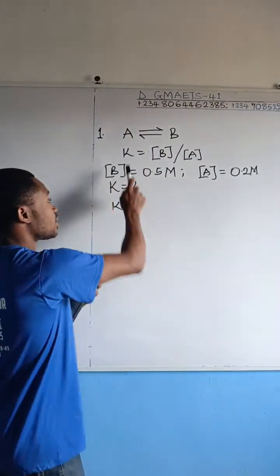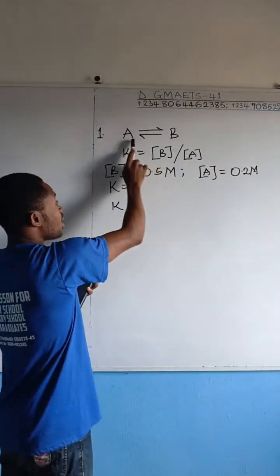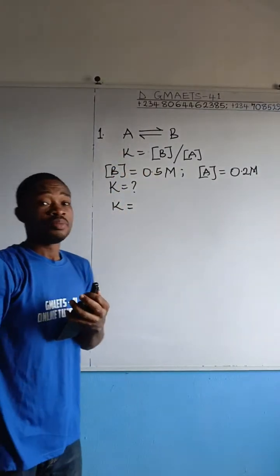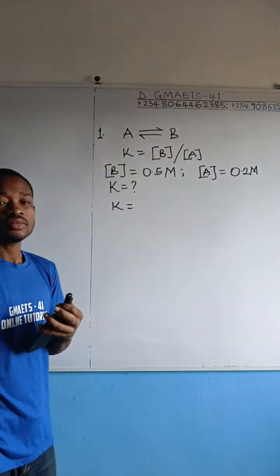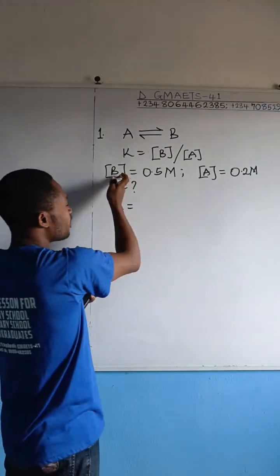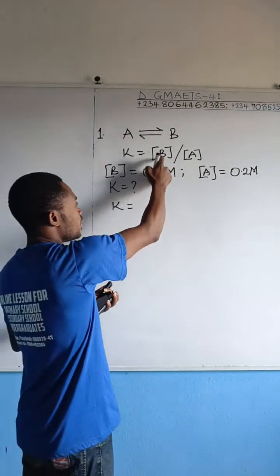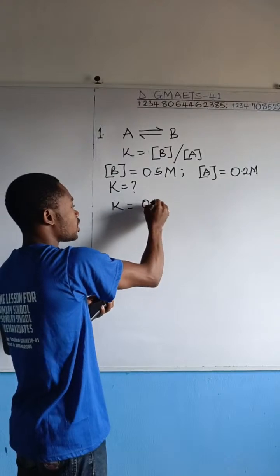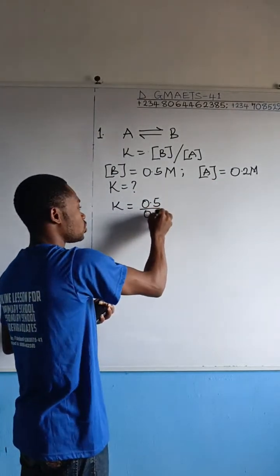Simply put, K is equal to the concentration of whatever you have in the product, you multiply them, divided by the multiplication of the concentration of the reactants. So the formula has been given and the values of the concentrations have also been given. So it's just to substitute. In place of concentration of B, I'm going to fix 0.5 molar. Then I'm dividing it by concentration of A, which is 0.2 molar.